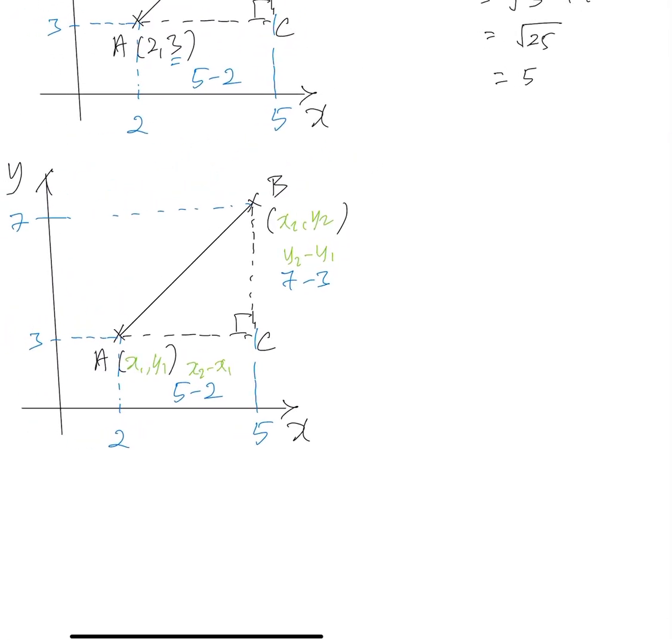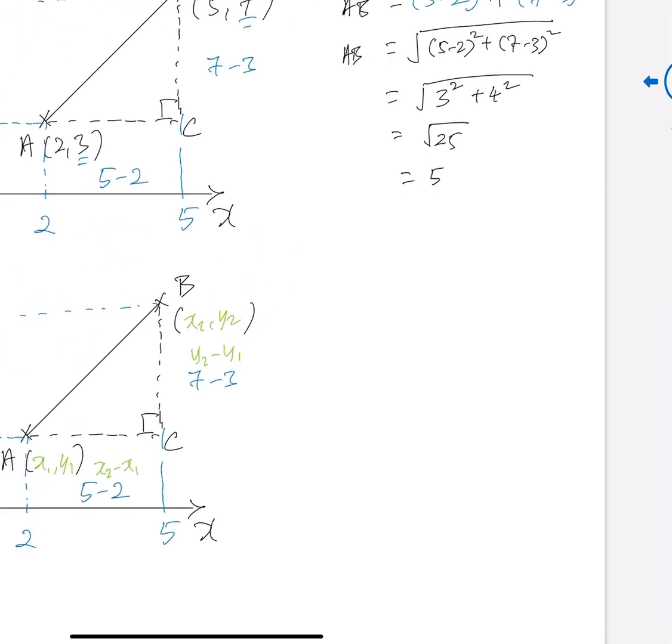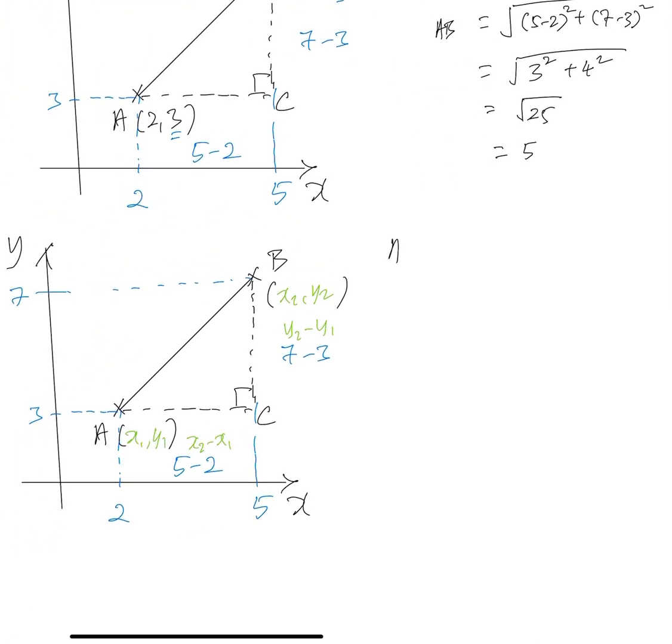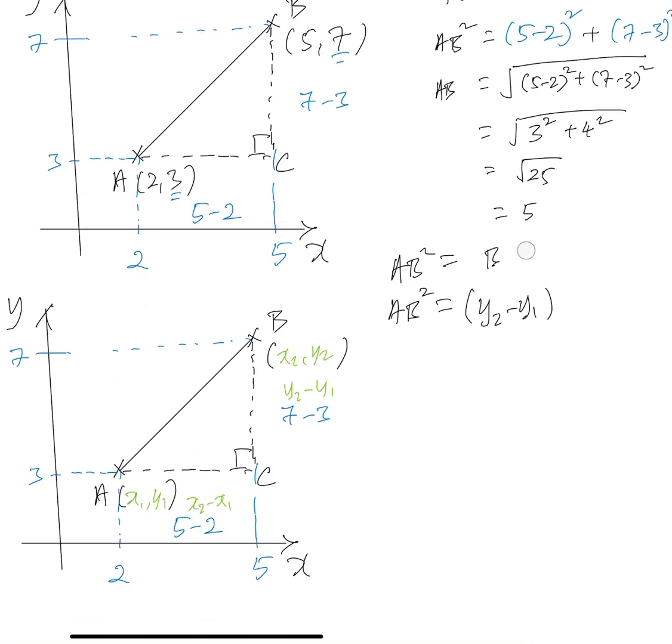With that, let's put it back into our formula. AB squared is equal to BC squared plus AC squared, where BC is y2 minus y1 squared, and AC is x2 minus x1 squared.